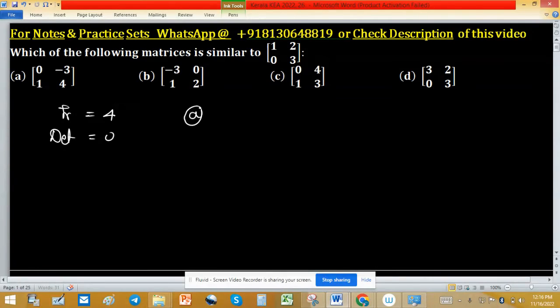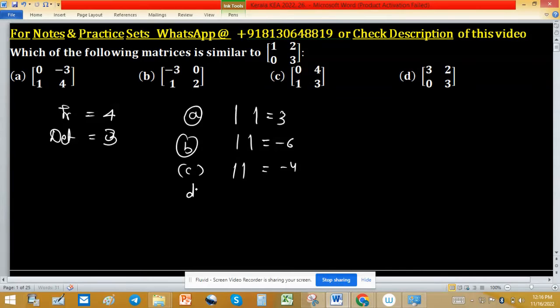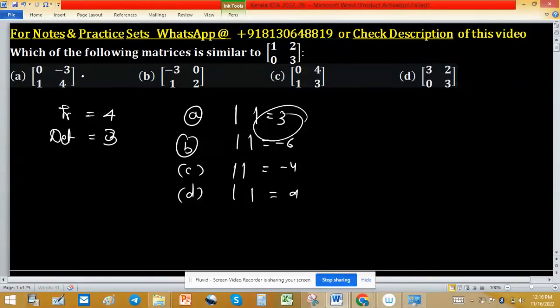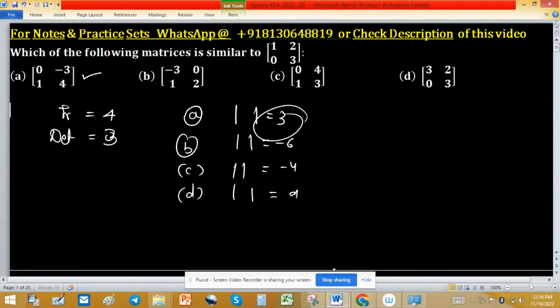Now, in the options, which one is giving determinant 3? Option A has determinant 3. Option B has determinant minus 6. Option C has determinant minus 4, and in option D the determinant is 9. So option A is correct.